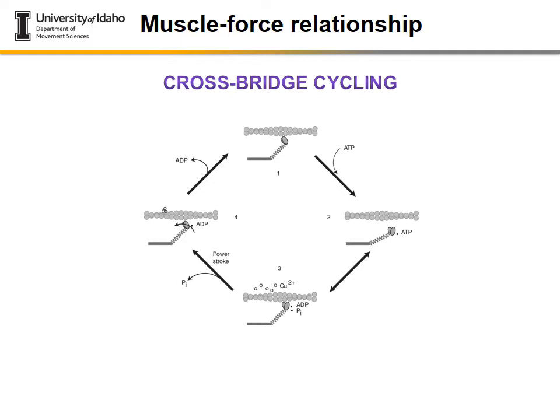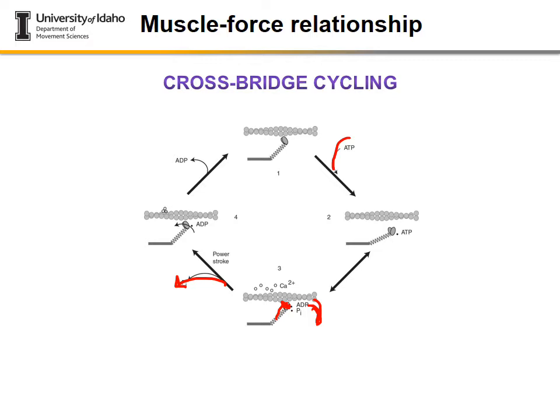Then there is the introduction of ATP, releasing the myosin head, detaching it from the binding site. The ATP is hydrolyzed into ADP plus a phosphate ion. Then you have the firm binding of the myosin to the actin, and with the release of the phosphate ion, it creates the power stroke.